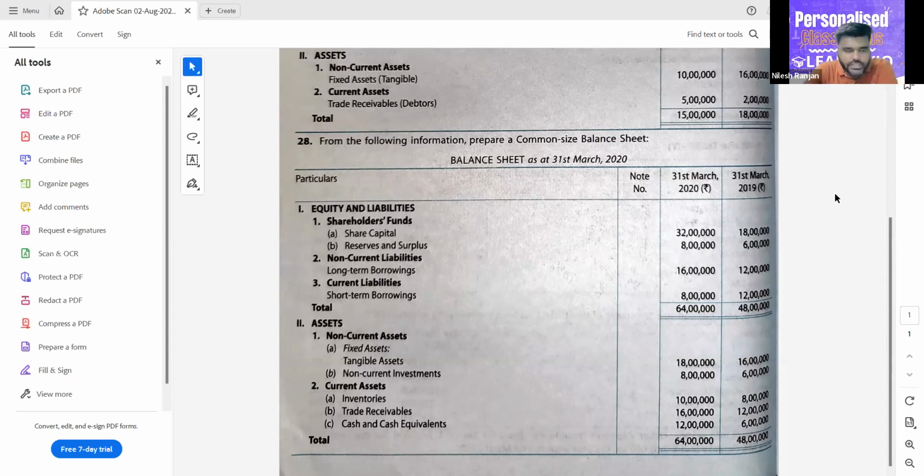First of all, it is equity and liability, shareholders fund, share capital, reserve and surplus, long-term borrowing, short-term borrowing, fixed assets, tangible assets, current, non-current investment, inventories, trade receivable, cash and cash equivalent. Okay. So our format is created already here.